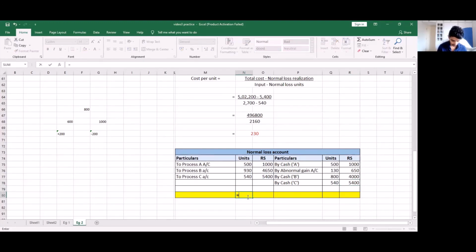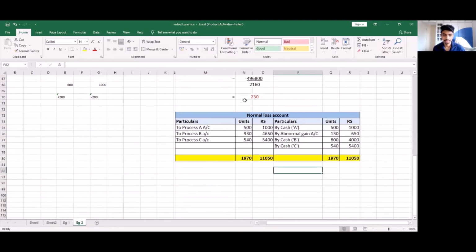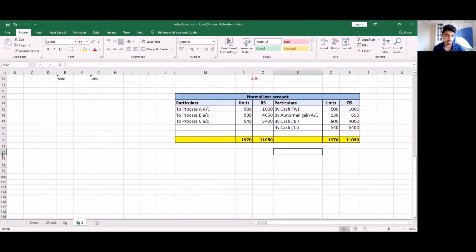So let's sum this account to see if it tallies. Yes, it tallies, and this is the end of our normal loss account. Let's move on to prepare our abnormal loss account.